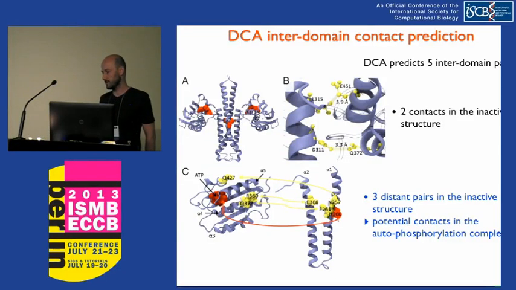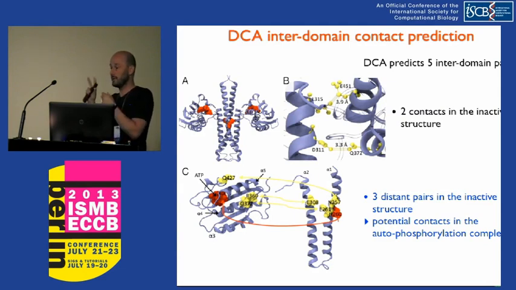With this analysis, we found 5 interdomain contact predictions, 5 because we restricted to the range where the intra-domain prediction was highly precise. 2 of them are actually in contact in this inactive structure, which I showed you before, at 3.9 and 3.3 angstrom, and 3 are distant.